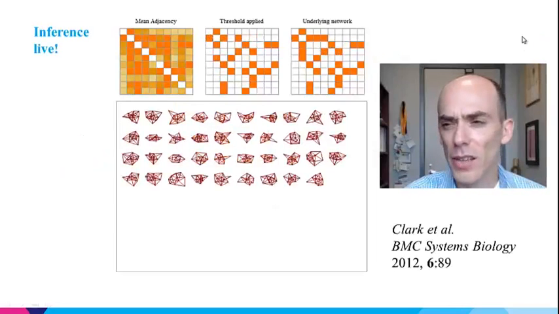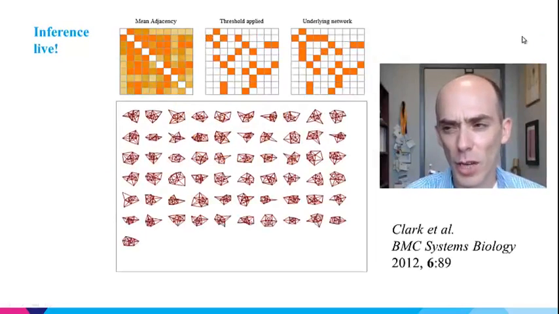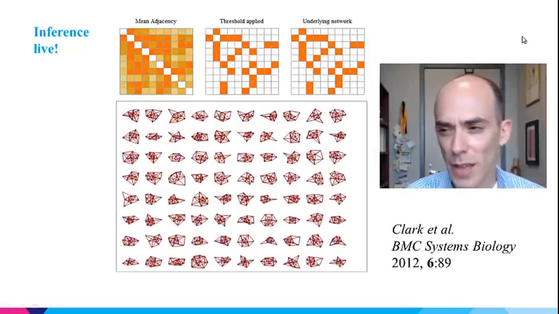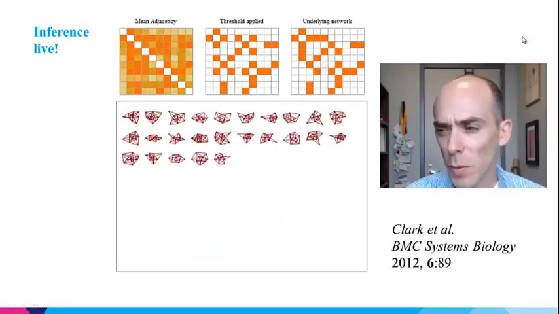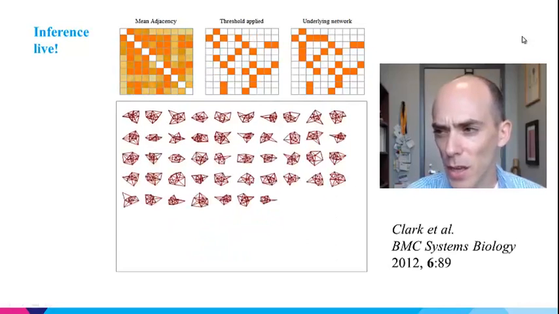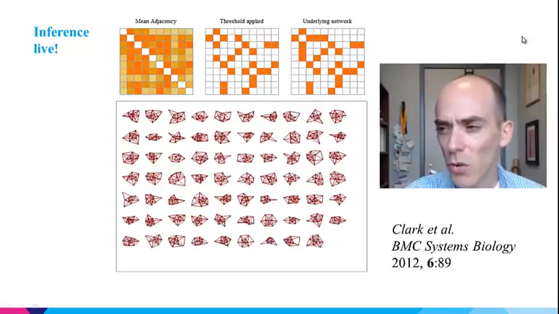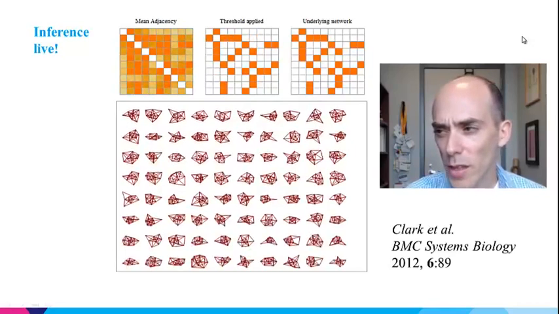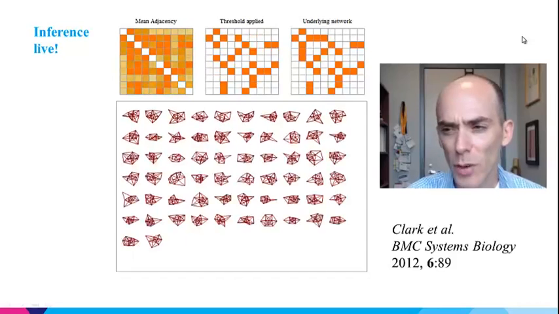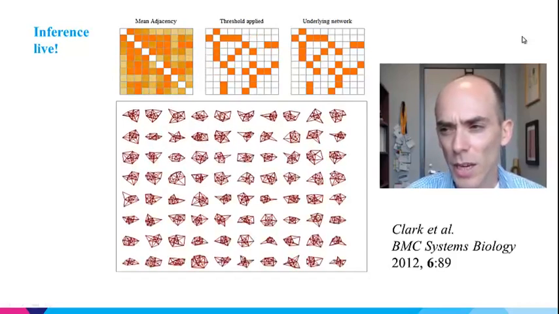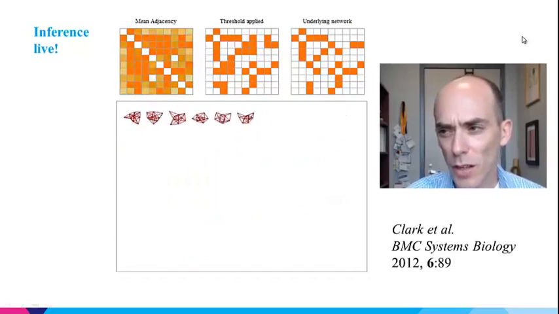So the answer is we can fully recover the network given enough examples. The algorithm Sets2Networks, published in BMC Systems Biology, creates random graphs that connect the nodes in a way that is consistent with the data from the GMT file.